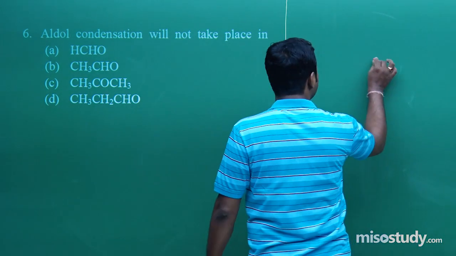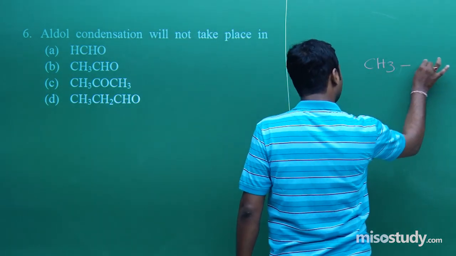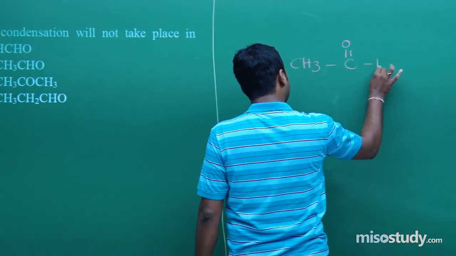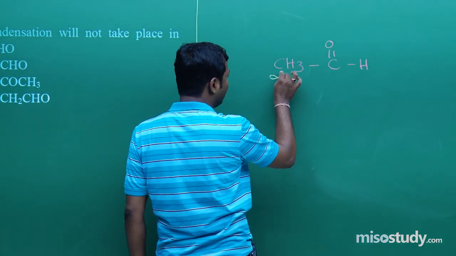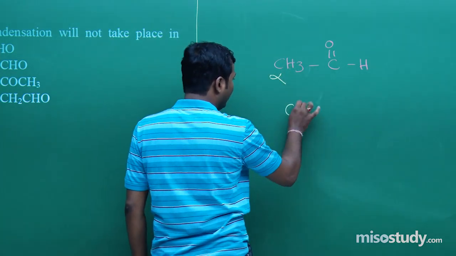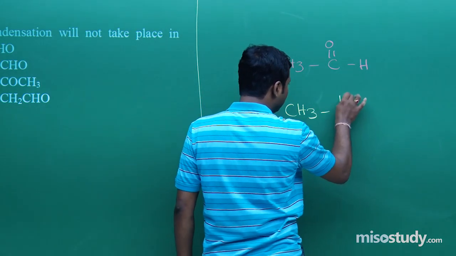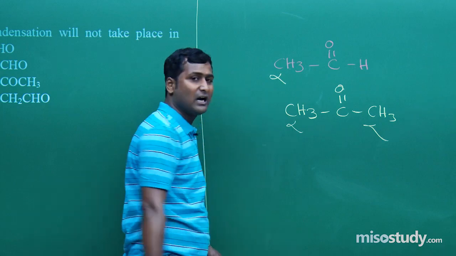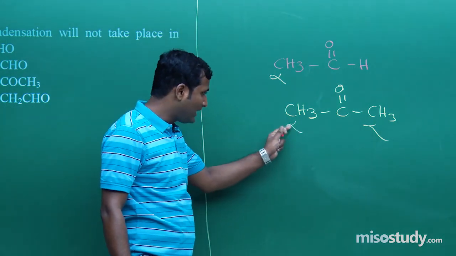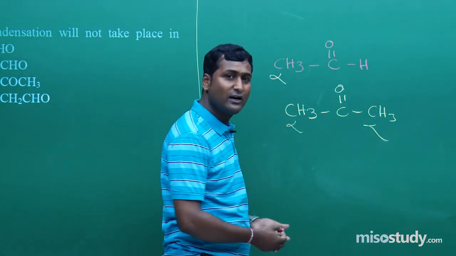If I talk about CH3CHO, clear to you? Here this one is an alpha carbon, that is, it contains alpha hydrogen. If I talk about CH3COCH3, this one is an alpha carbon, this one is an alpha carbon, and the hydrogen attached to the alpha carbon is known as alpha hydrogen.